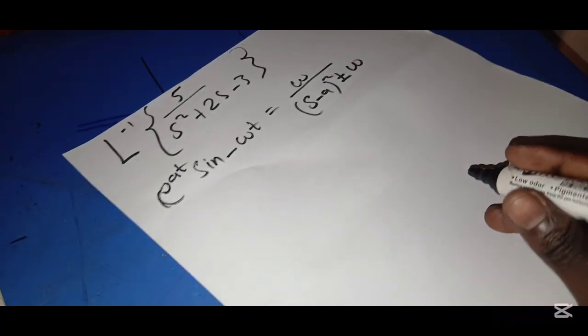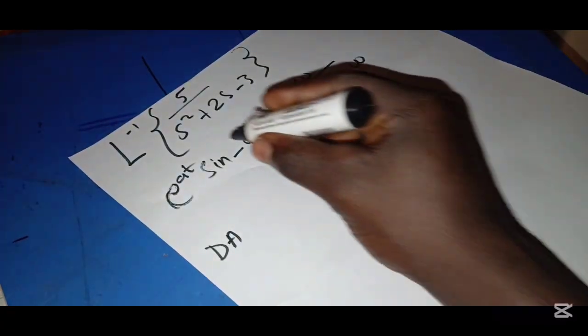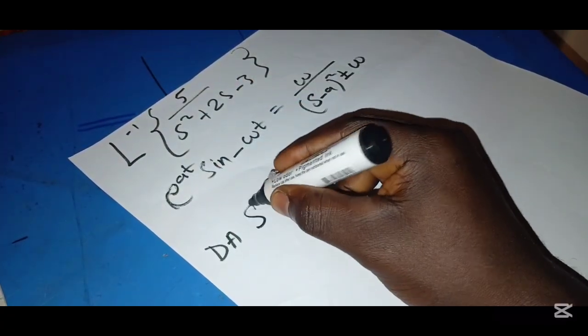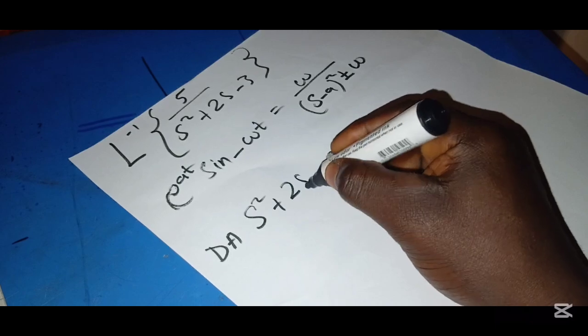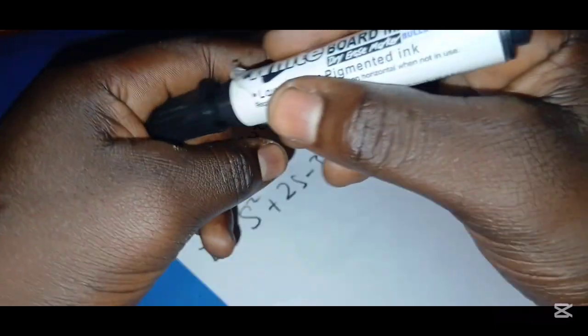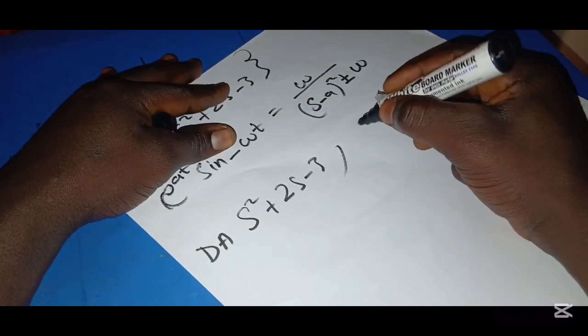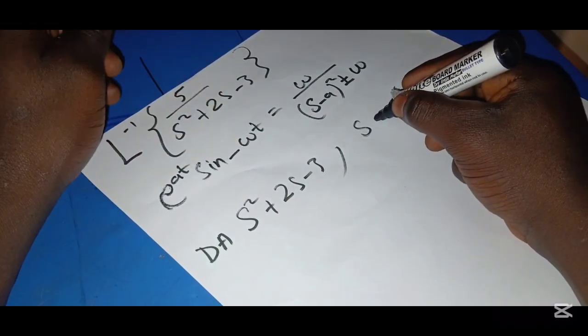So after this, the next thing to do is denominator analysis, right? So the denominator is s squared plus 2s minus 3, and I'm trying to turn this back to the form of s minus a all squared. So I know that s, is it a minus or plus?